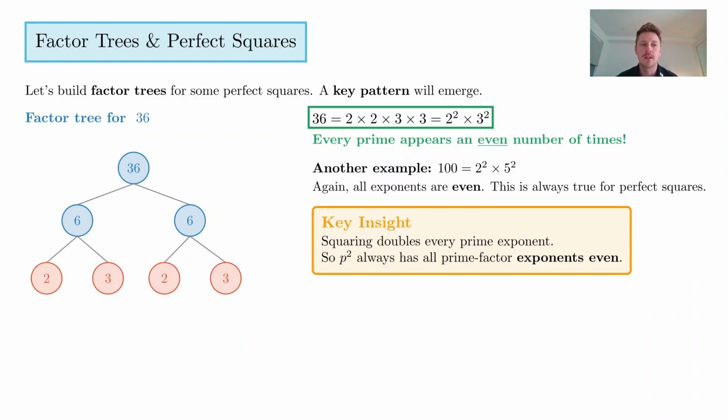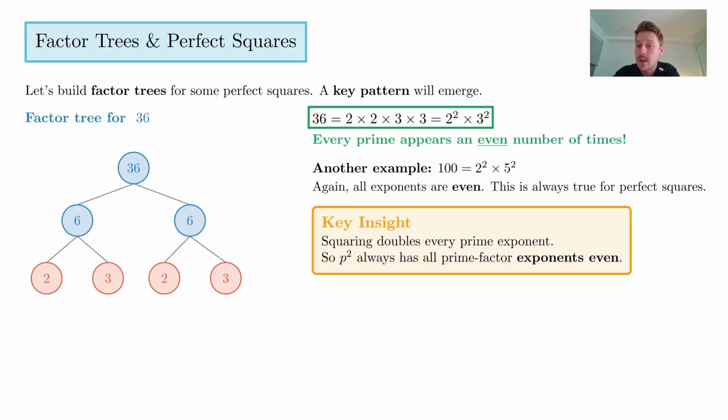And for perfect squares, every prime appears an even number of times. Another example would be 100, which is 2 squared times 5 squared, which is obviously 4 times 25. Again, all the exponents are even. I encourage you to pick another square number, and you'll find that you'll get an even number of prime factors.